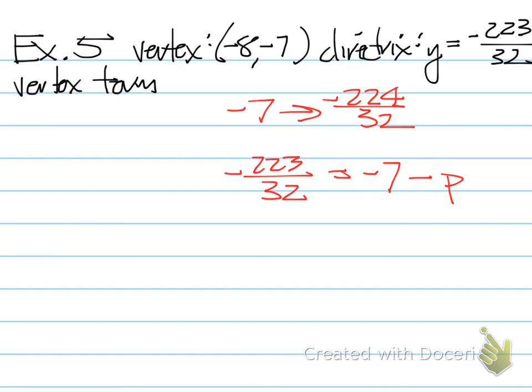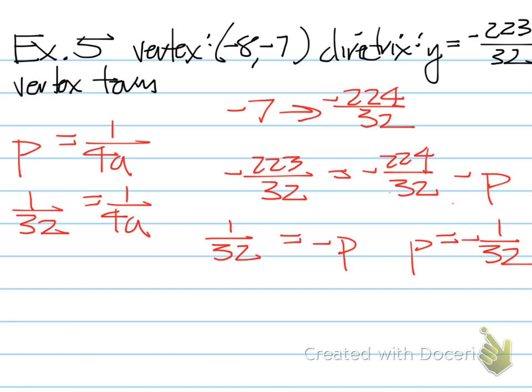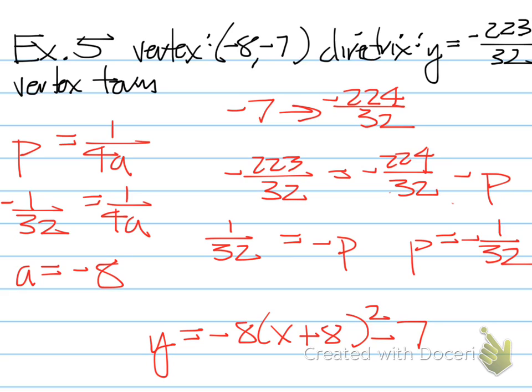If -223 over 32 is equal to the y coordinate of the vertex minus P, that means that P is equal to -1 over 32. P equals 1 over 4 times A, so we can calculate A to be -8. And now we can write the equation in vertex form. Y equals -8 times the quantity x plus 8 squared minus 7.